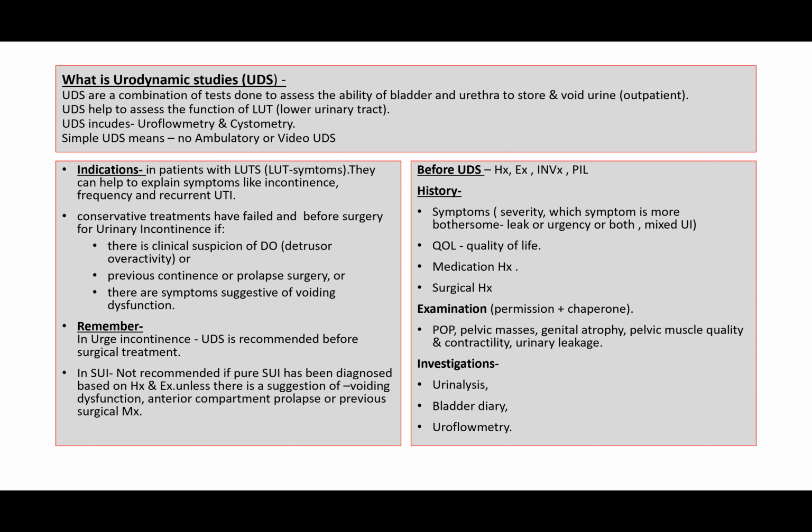So before surgery for incontinence, these studies are done, particularly if there is clinical suspicion of detrusor overactivity, or if the patient had previous surgery for incontinence or prolapse, or if there are symptoms of voiding dysfunction.